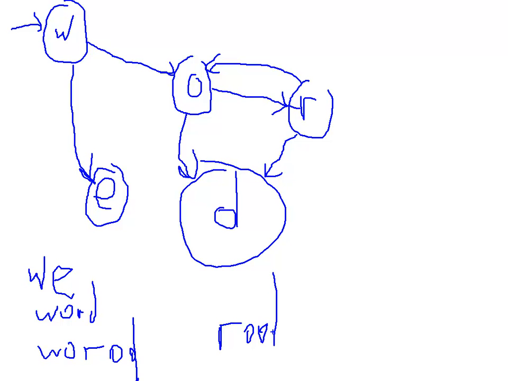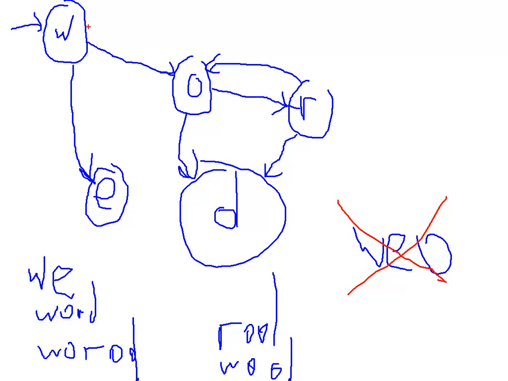But it doesn't understand "wad". No, it understands "wad" also. What doesn't it understand? It doesn't understand "wheel", for example. This thing can't pass. This is an example of a state machine.